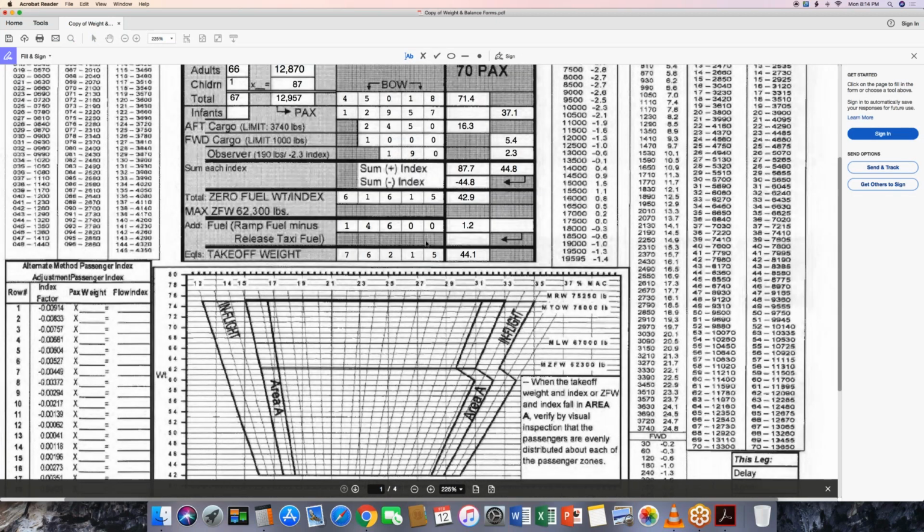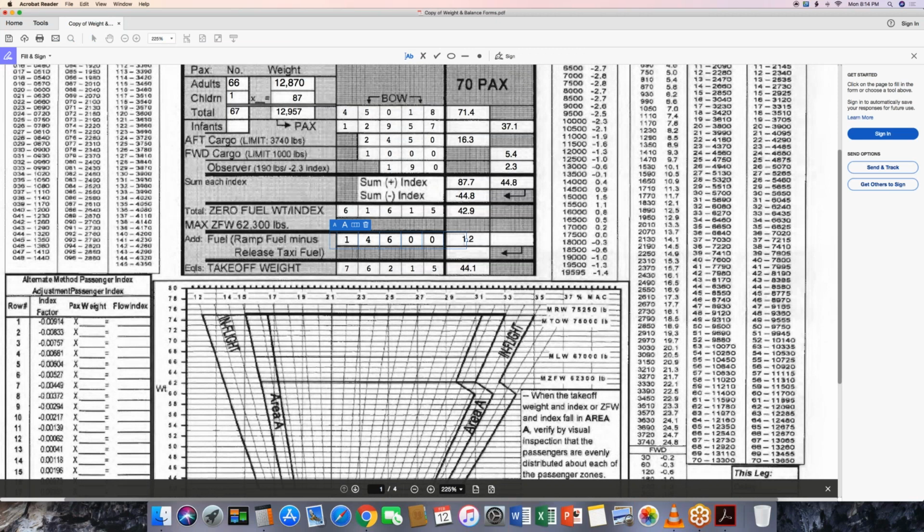So when we subtract the burn, how much was the burn again? 12,000. 12,100, I believe. Okay, and we subtract that from 14,600 pounds, right?